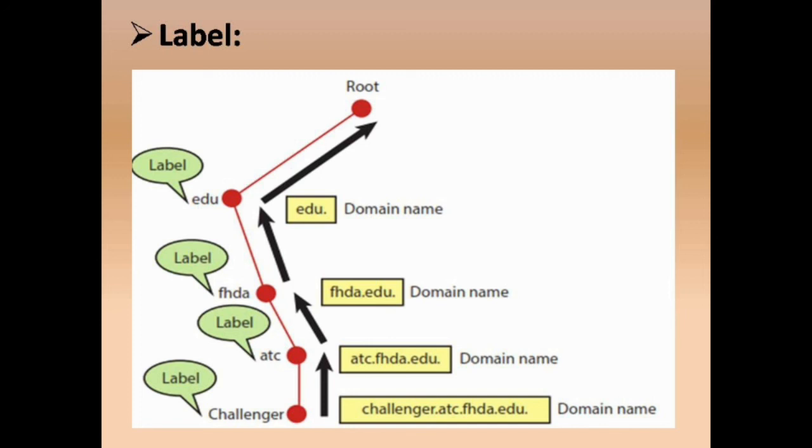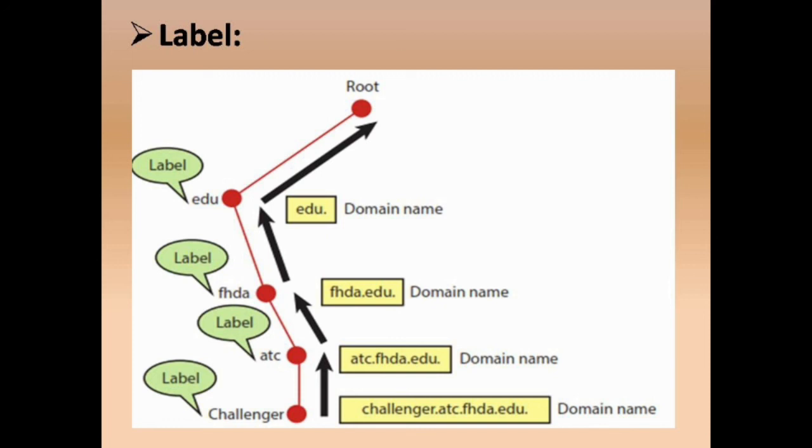Whenever you want to read the domain name, you have to start from the bottom level to the top level, and each label is separated with a dot. So the last one is challenger. You have to start from challenger to edu: challenger.atc.fhda.edu. So this is an example of domain namespace.